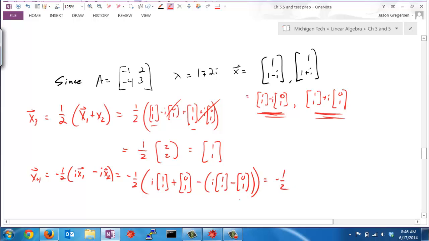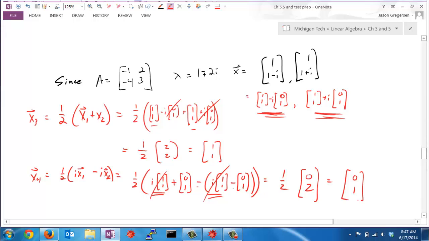Negative 1/2. Now I have this thing minus this thing. Those are going to cancel out. I have a negative and a positive, so I'm really adding those two vectors. And I'm getting 0, 2. Okay, so I don't want to multiply by negative out here, just positive 1/2. Tweak that sign. And the net result will be 0, 1. Is 0, 1 in my eigenspace?